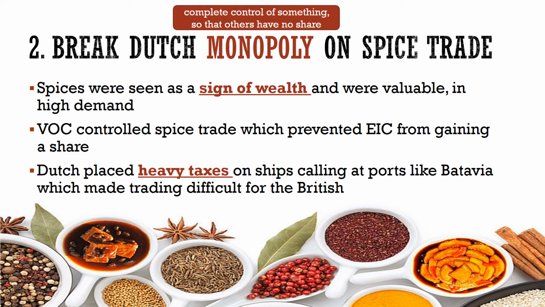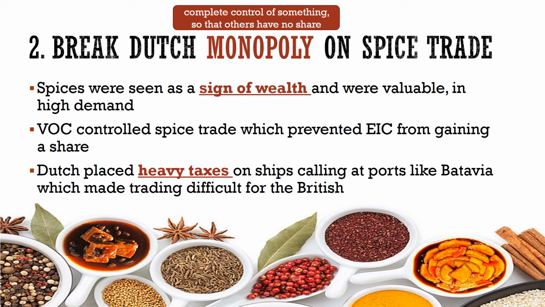Okay, the next one. Since the Dutch VOC controlled the spice trade, it prevented the EIC from gaining a share. The Dutch placed heavy taxes on ships calling at ports like Batavia, which made trading difficult for the British. Actually, Batavia is the current Jakarta.